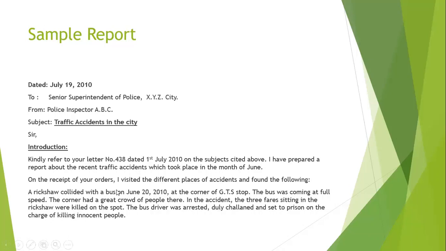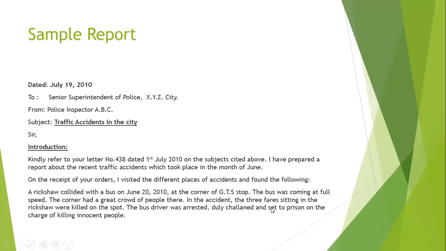The bus was coming at full speed. The corner had a great crowd of people. In the accident, the 3 fares sitting in the rickshaw were killed on the spot. The bus driver was arrested, duly challaned, and sent to prison on the charge of killing innocent people.